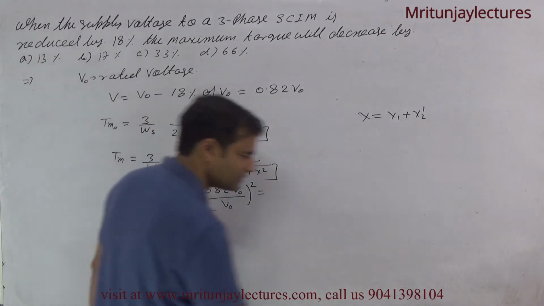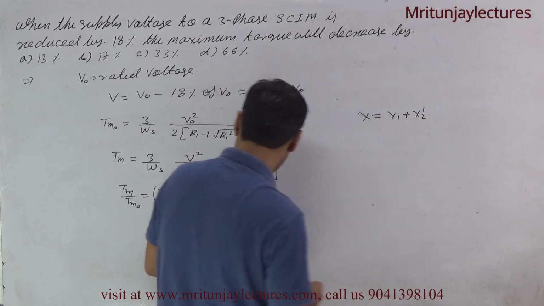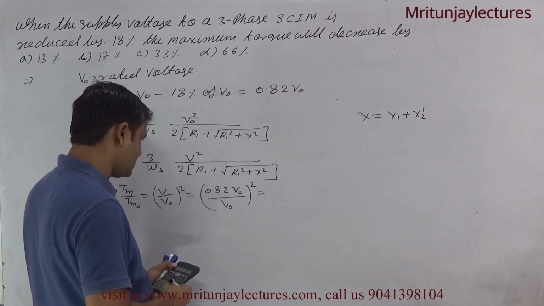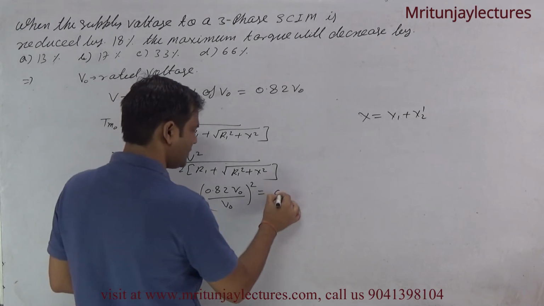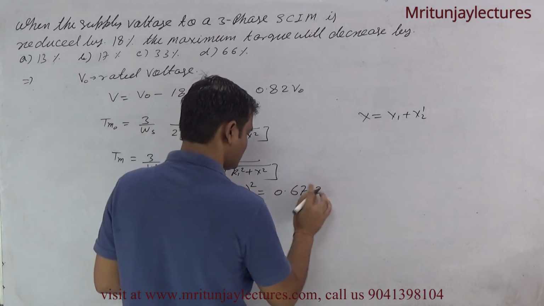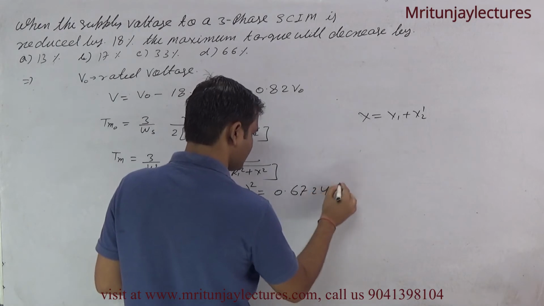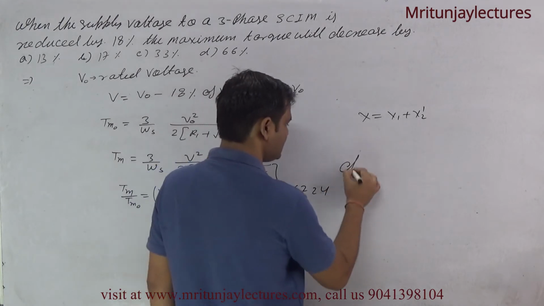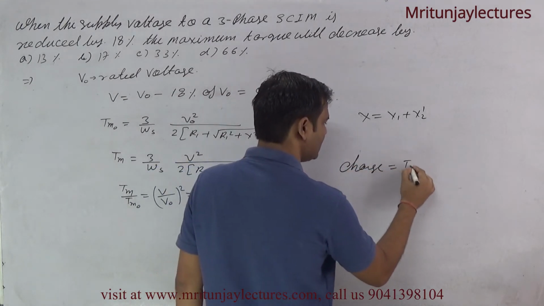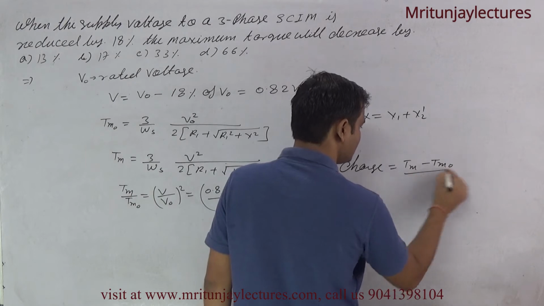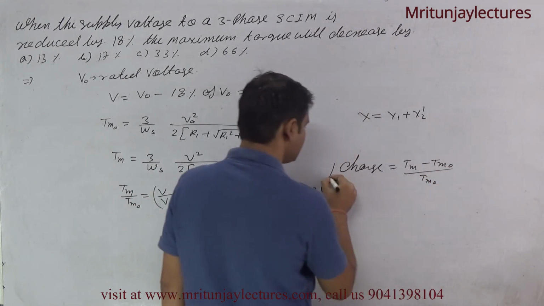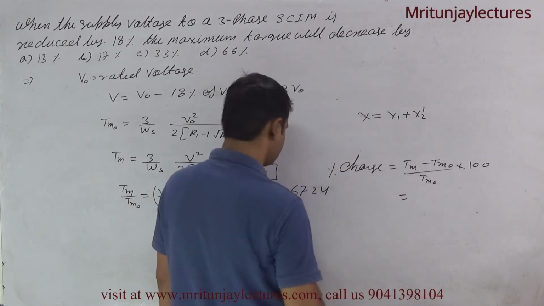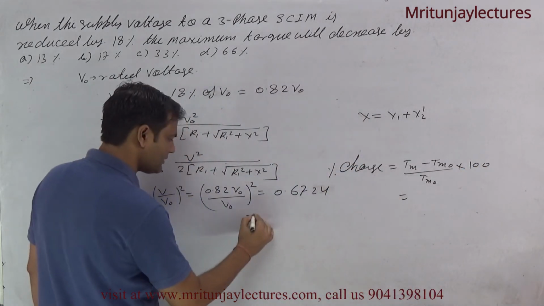So finally we got 0.82 to the whole square, that is 0.724. Now determine the change in Tm.